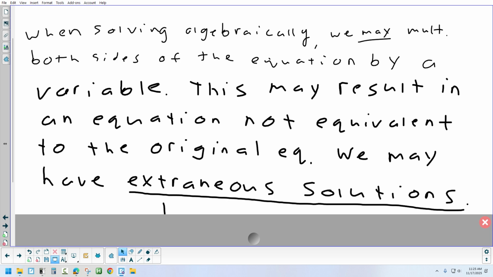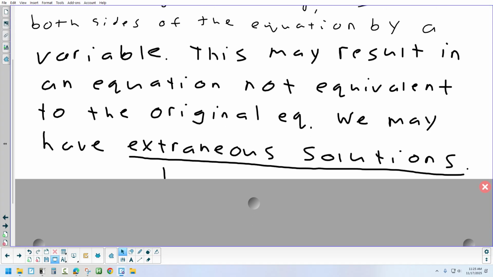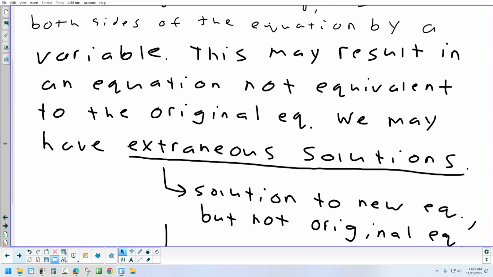It's an answer that was created because of the method you used to solve the problem. There's not really any way around it with this method. The only way that you know you got an extra answer is to check it.